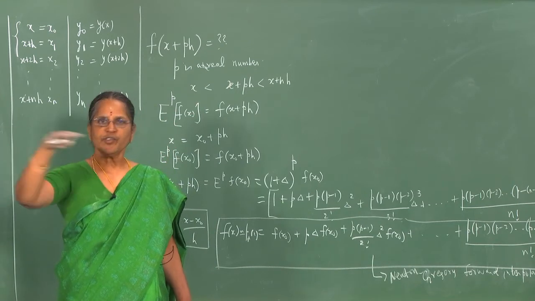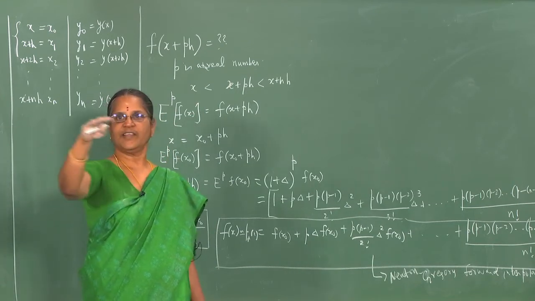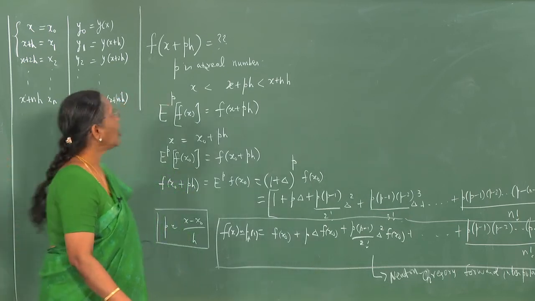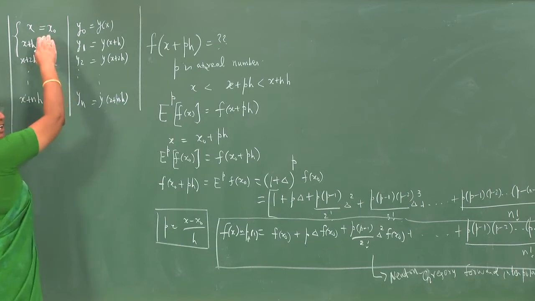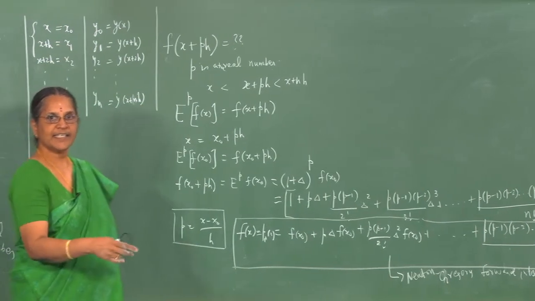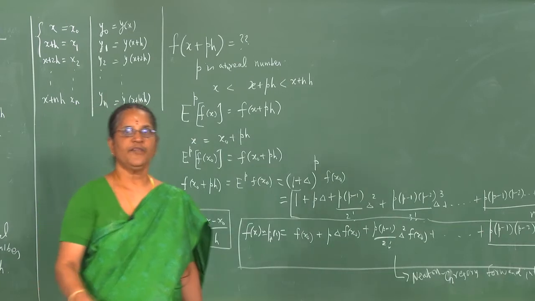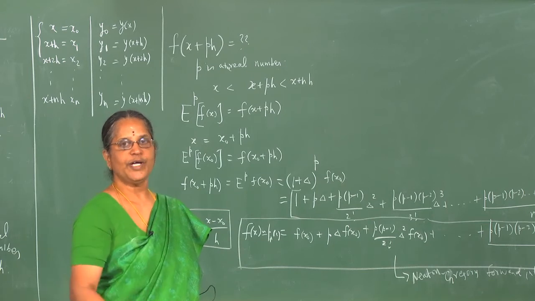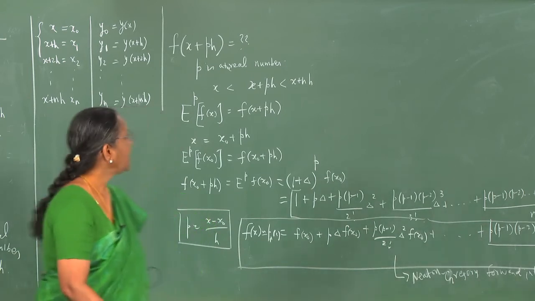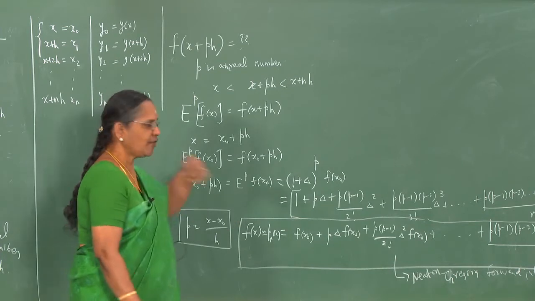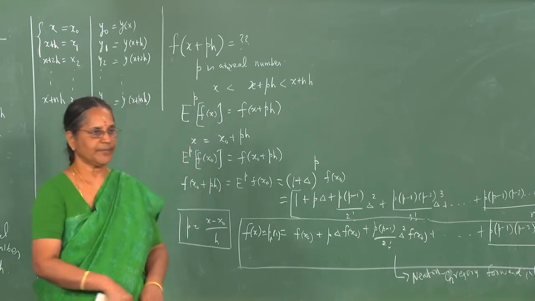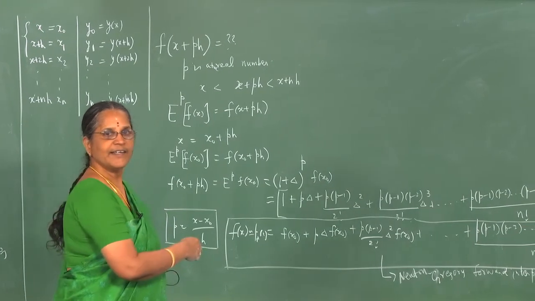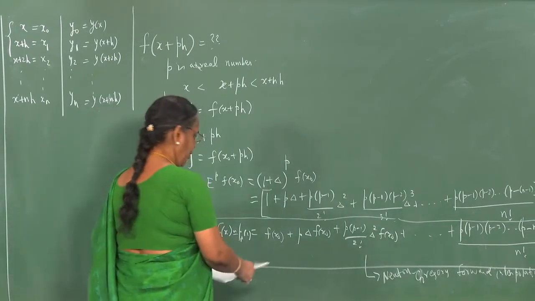So, most of the information in constructing these leading differences which lie on that leading diagonal are based on the values in the beginning of the table, and hence if you want the value of the function at some x which lies very close to the beginning of the table, then you can make use of this forward interpolation polynomial. So, let us take an example and see how we can obtain such a polynomial.